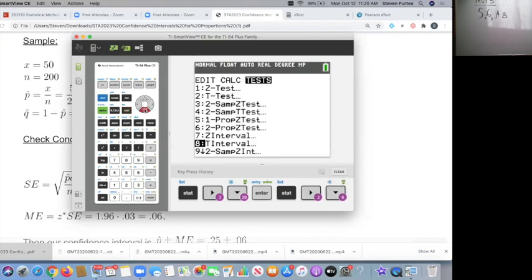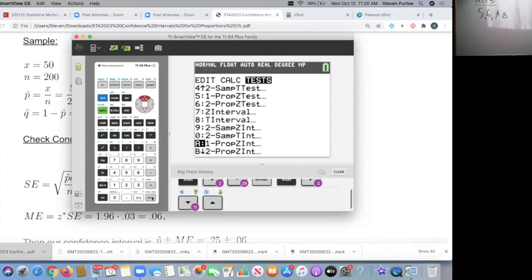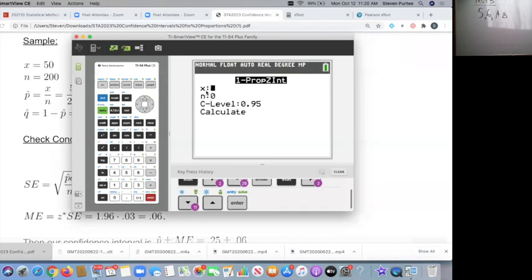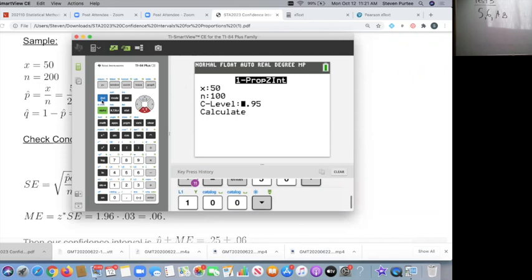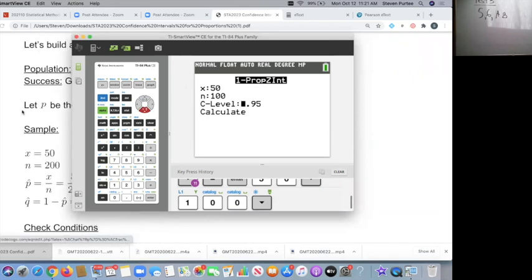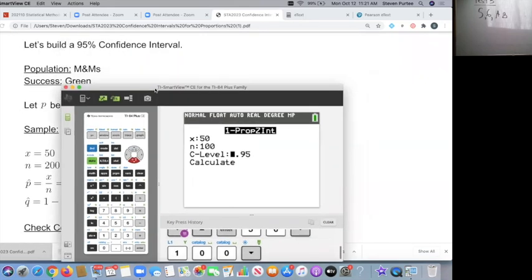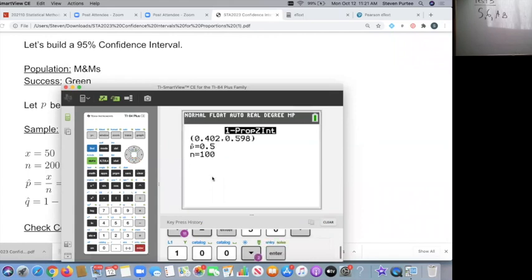Out of all these buttons, the only one that has everything I literally wrote down is button A. It's asking for X and N. Those are right there. So I type those in, 50 and 100. My confidence level, the question asked me for it, was 95%. I hit calculate, and I'm done.